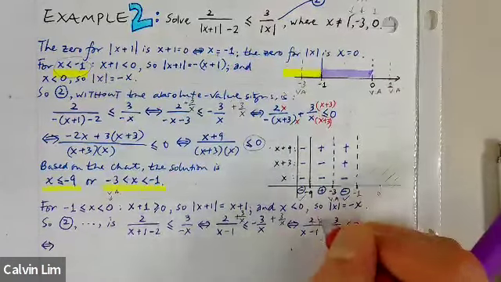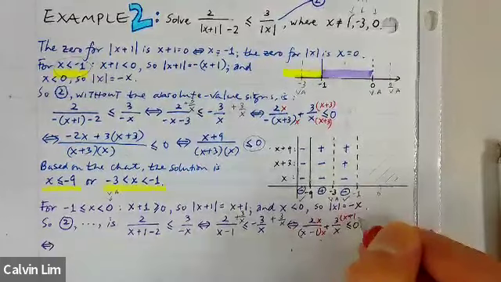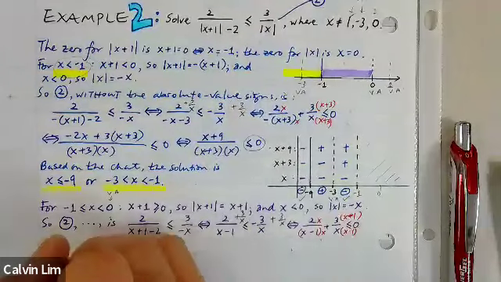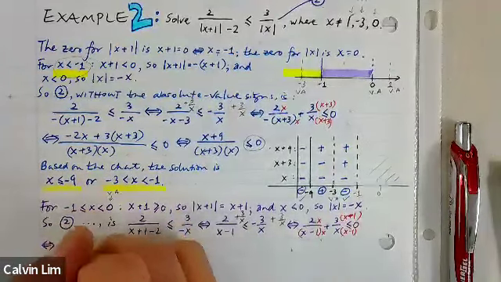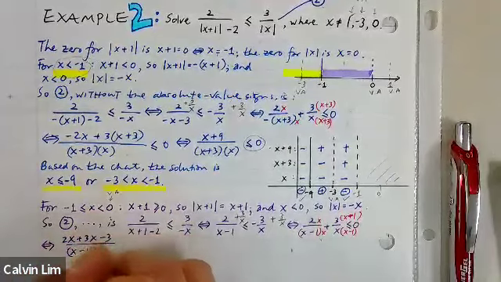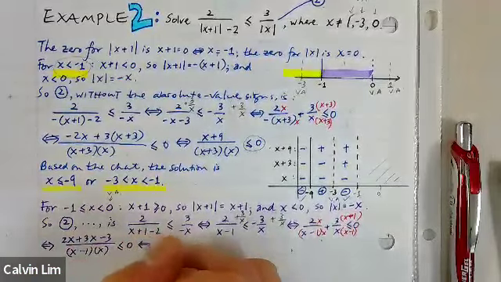Consolidating these two fractions gives me 2x plus 3x minus 3 over x minus 1 times x is less than or equal to 0.